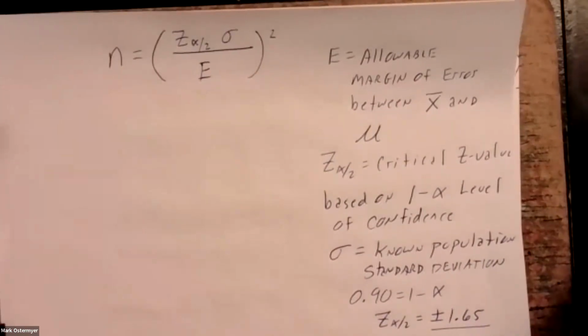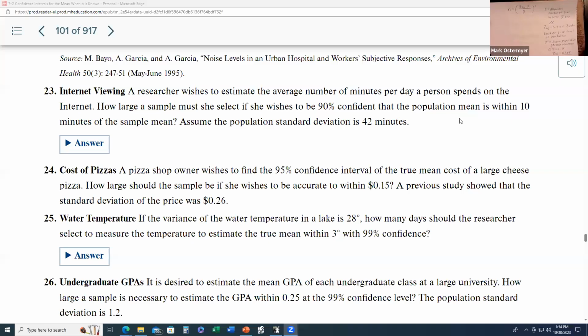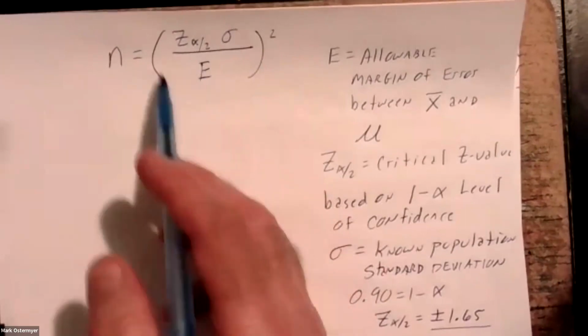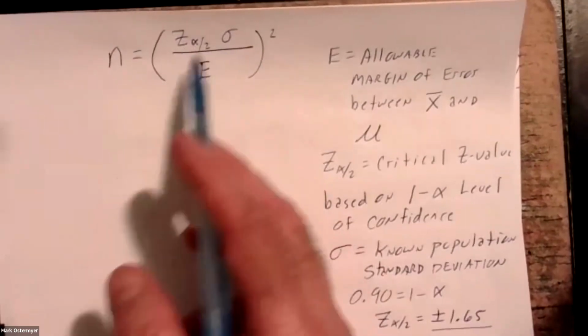What else do we know that they gave us in this problem? Well, we want to be 90% confident that the population mean is within 10 minutes of the sample mean. 10 minutes. So what is my allowable 10 minutes? For what quantity would it be here? The 10 minutes.